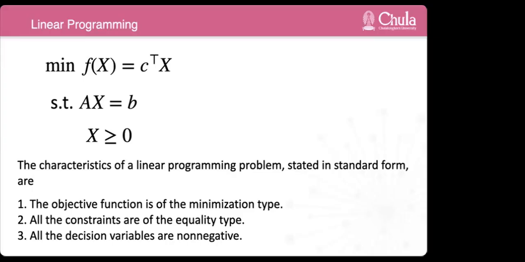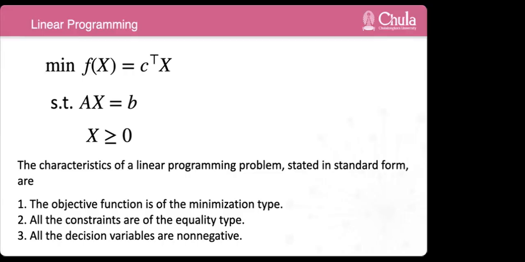If you have some variable which is unrestricted, I mean it can be negative or positive, no problem. You can convert it to a standard type where there's a restriction on the sign, so it must be positive only.